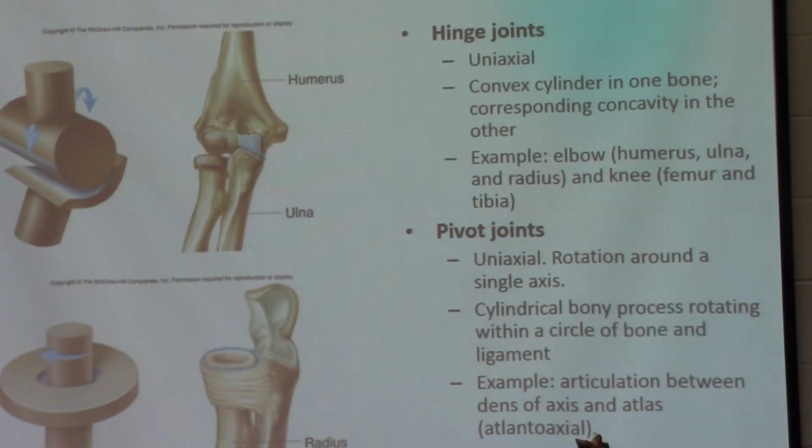And another example in that case is the dens of axis and atlas. So which one is the top? These are the two vertebrae, right? Which one is the number one? Atlas is the number one. Axis is number two.